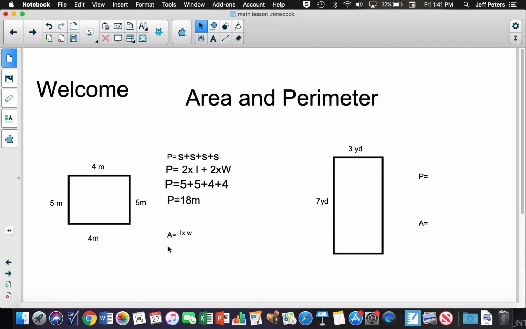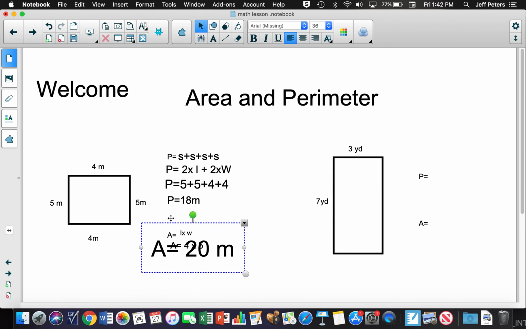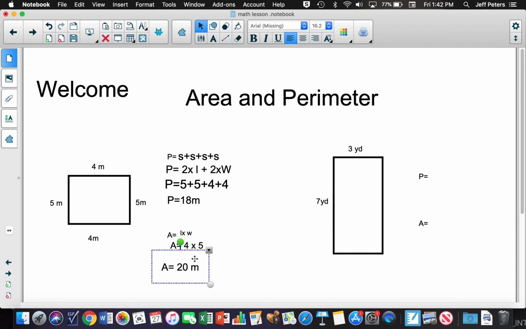And then again, we've filled in our values. So we have our 4 times 5. A equals 20 square meters. And again, we want to make sure that we do not forget our square there. Excellent. All right, let's move on to the next one here.